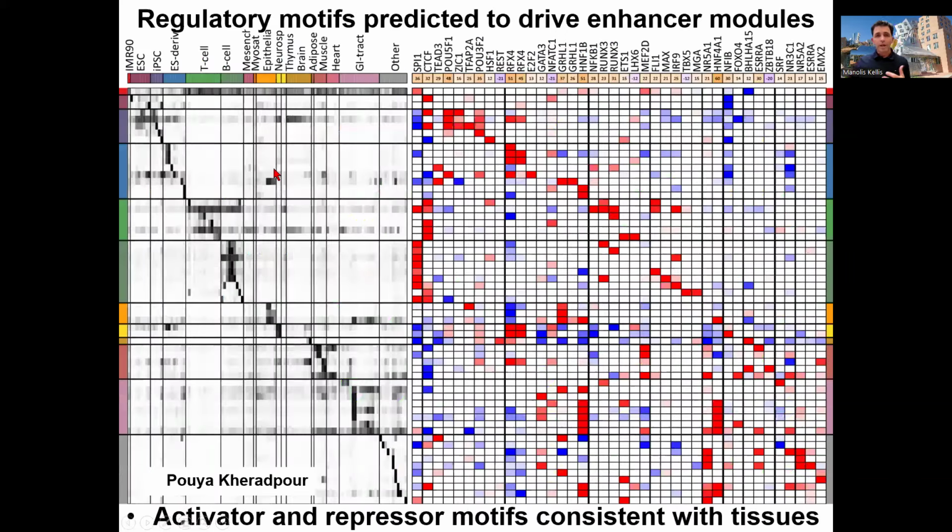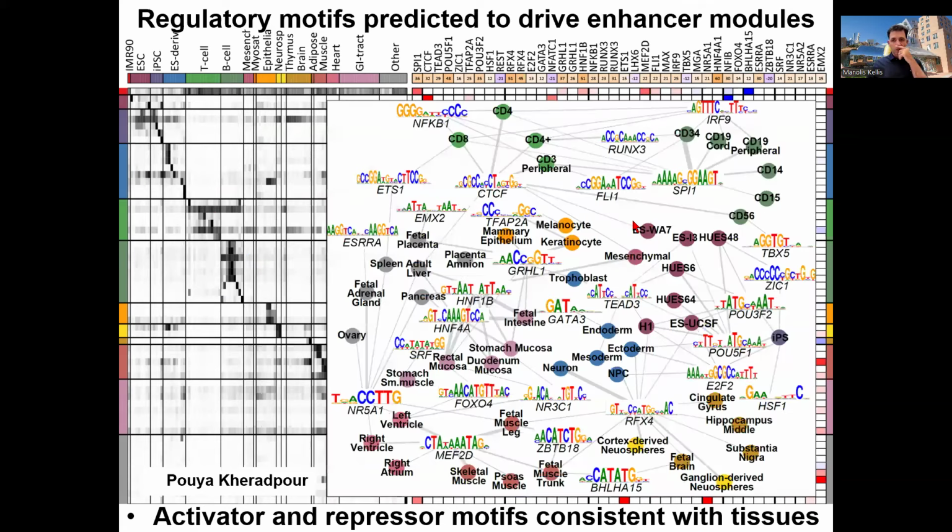And you can use that to now start building together the network controlling these regulators, these modules, and the corresponding transcription factors. And you can now start inferring that network.